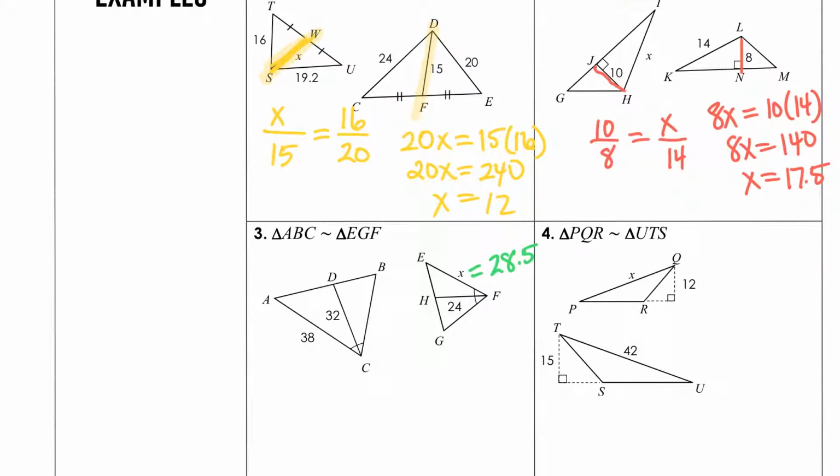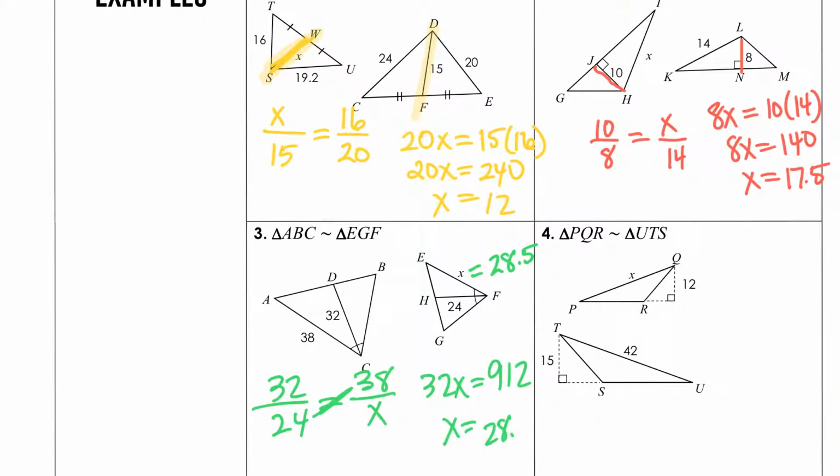Well, we have the angle bisector of CD, which is 32, and FH, which is 24. That would be equal to the sides of 38 and x. Proportion of 32x equals 24 times 38, which is 912. So x equals 28.5.